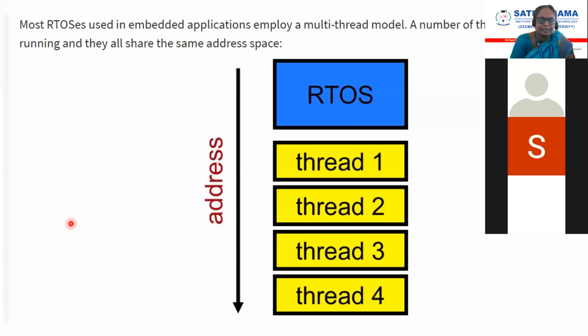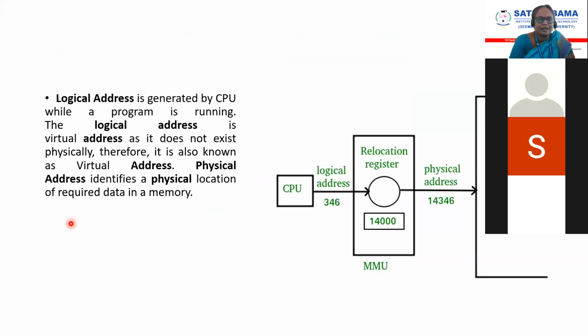The next one: we have heard about logical address and physical address. You all know a logical address is a virtual address. It does not exist physically, but I can map it to my physical address and get my data.